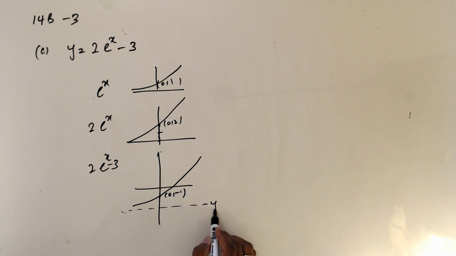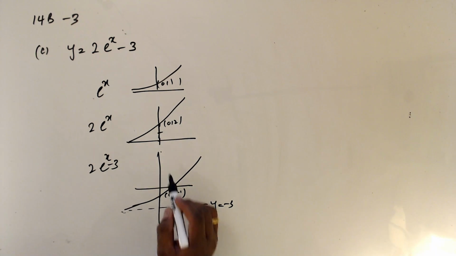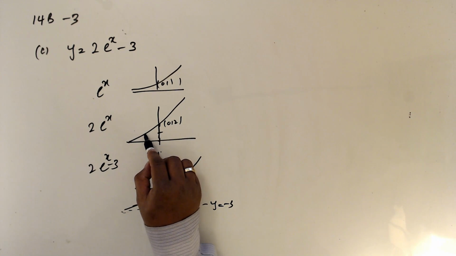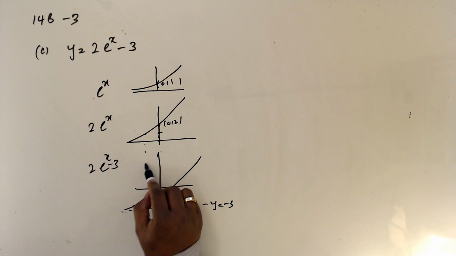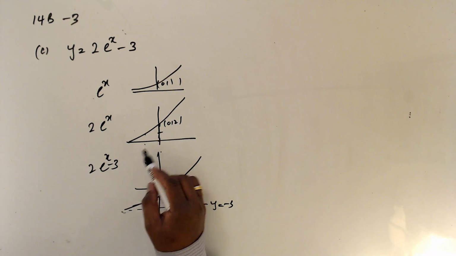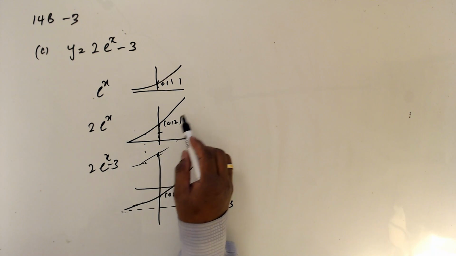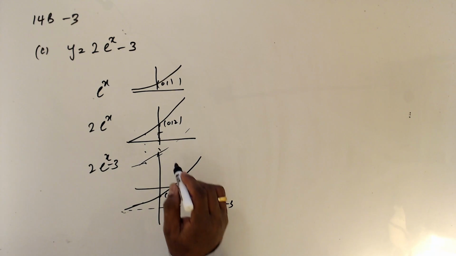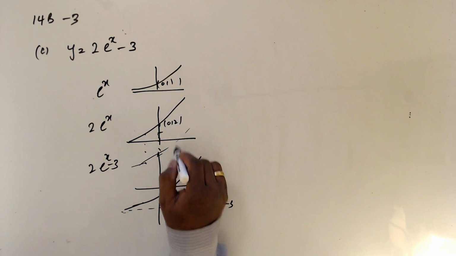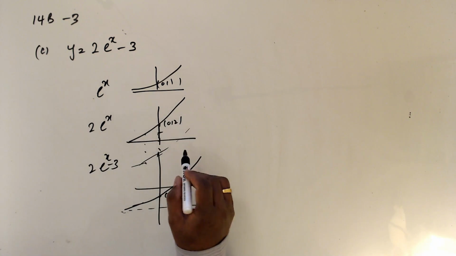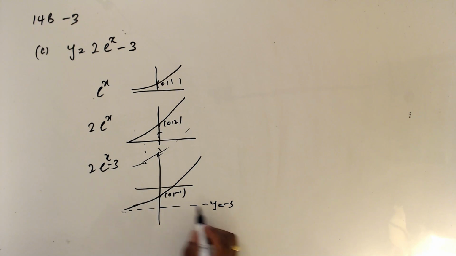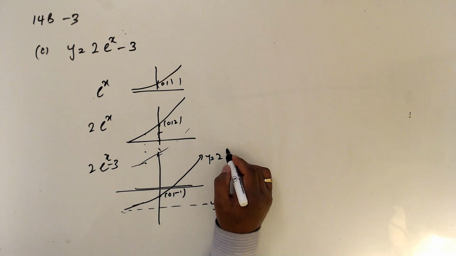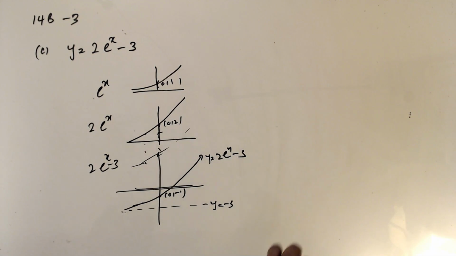This is y equals minus 3. So I bring everything 3 units down. 1, 2, 3. So it is here. Likewise this point, 3 units down, so (0, -1). So this 2e^x graph, you bring everything 3 units down. So this is the graph y equals 2e^x minus 3.